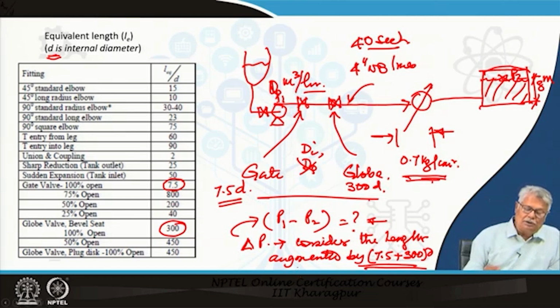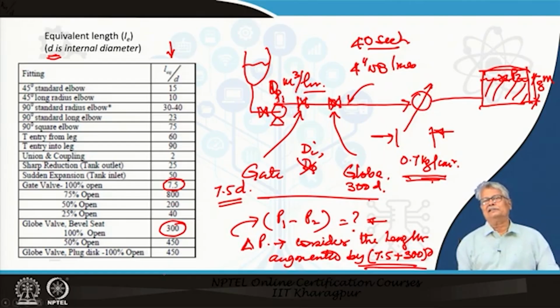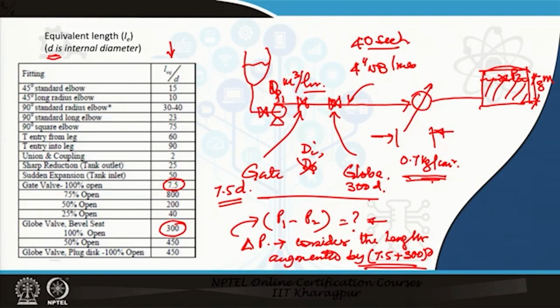Basically, I know that my equivalent length for the fitting is given in terms of the internal diameter of the pipeline or the fitting itself, and the factor is listed in literature. I think with this I will stop here and start with the detailed piping around certain specific situations. Thank you.